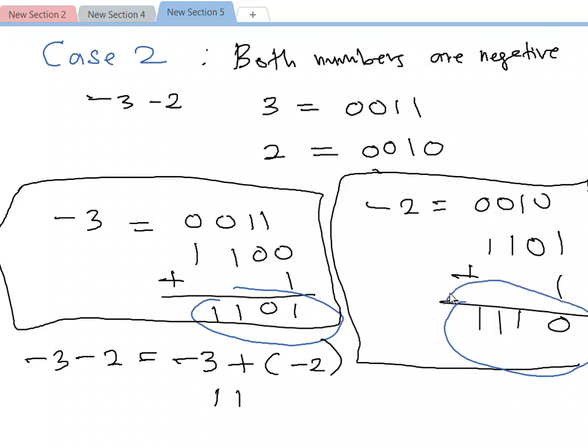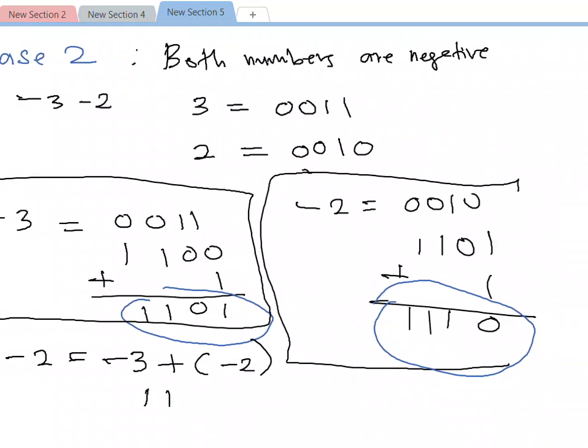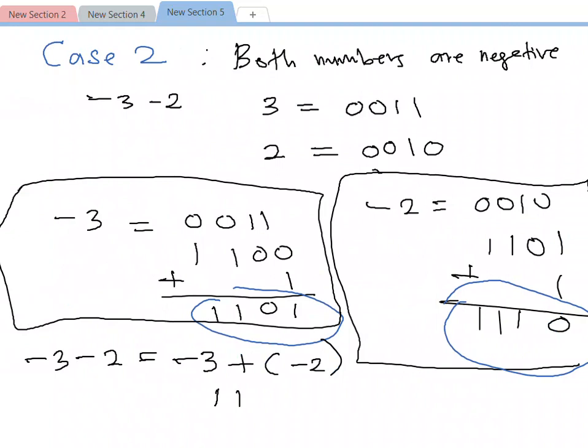So we are going to add these two numbers. 1101, negative 3, plus negative 2.